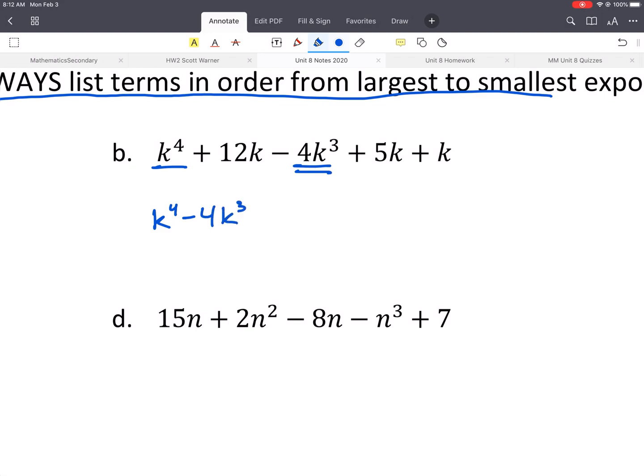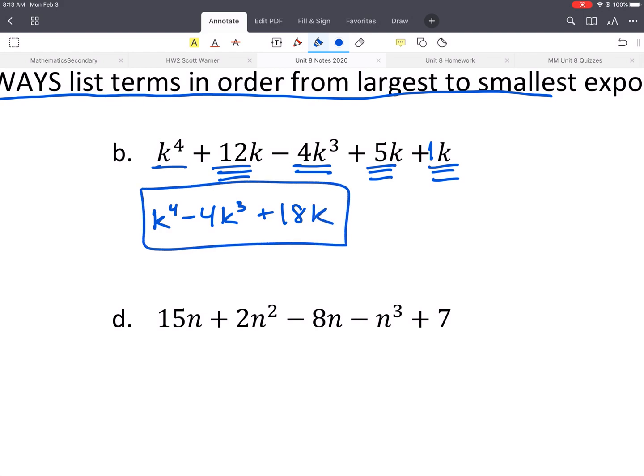And then we'll look at the k's. We have 12k plus 5k plus k. So again, we're just going to add those. That'll be 12 plus 5 plus 1, and that would give us 18. So plus 18k. Again, it's in order, highest to lowest, and we're good.